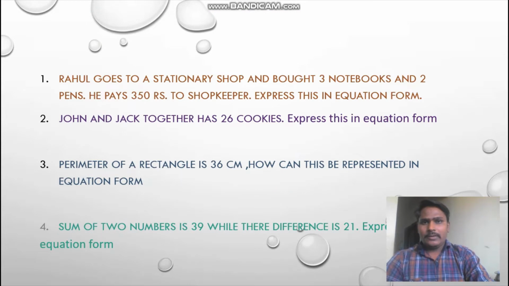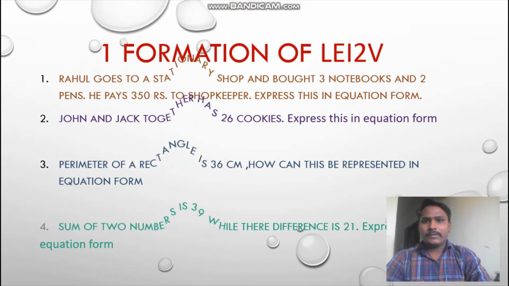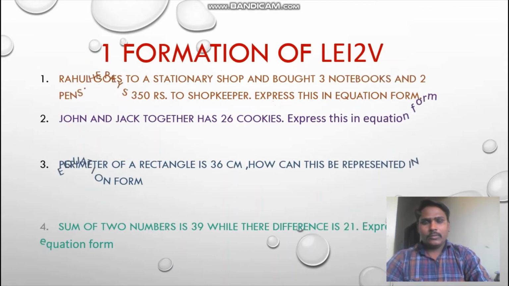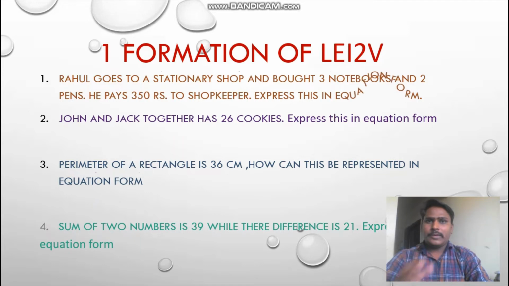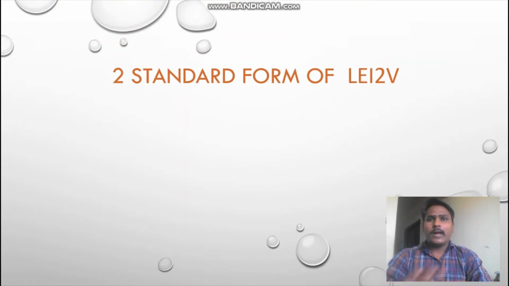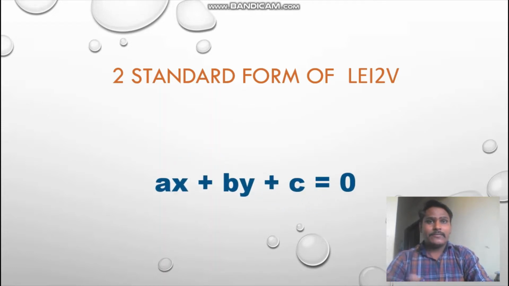After that we will elaborate our very first point, that is formation, with these four examples. In that formation of linear equation in two variables, we are going to see these four real life examples. Some examples are from mathematics. After that we will see the second point, that is the standard form of linear equation in two variables: how a linear equation can be written in standard form, how to bring various equations into standard form, what the standard form is, and this is nothing but the standard form.